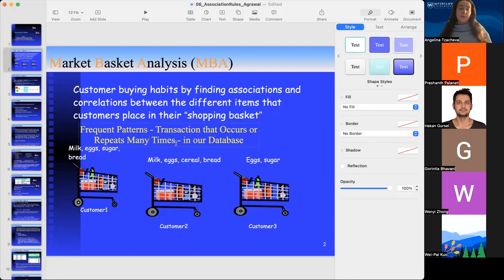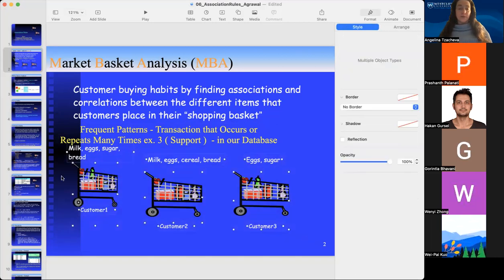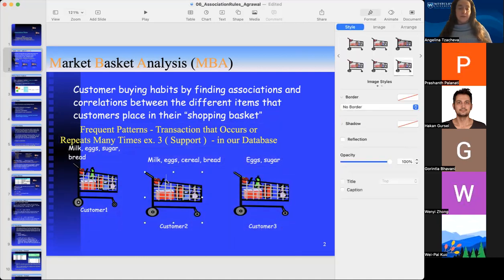So what do we mean by it repeats many times? How many times does it repeat here? In here, we have only 3 transactions. So it repeats 3 times. So we could have some sort of a threshold saying that if a pattern or transaction repeats 3 or more times, then it is considered a frequent transaction.